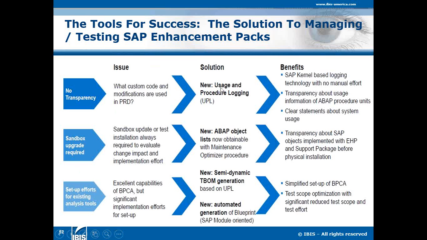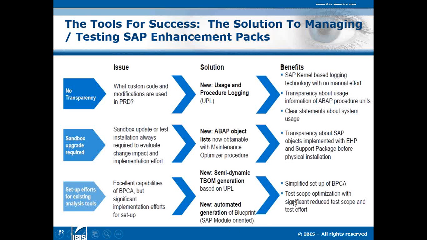The solution is, I talked about UPL with the semi-dynamic T-bombs. We want to enable that. We want to enable that for the custom code development management cockpit as well, CDMC. We want to create the auto creation of our semi-dynamic T-bombs, especially if we're using ChaRM. We want automated generation of the blueprint.